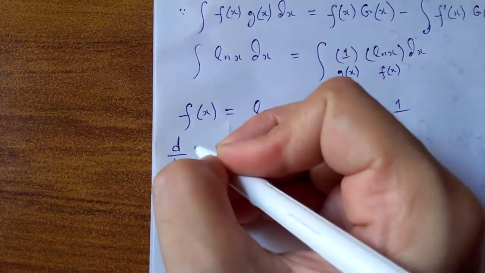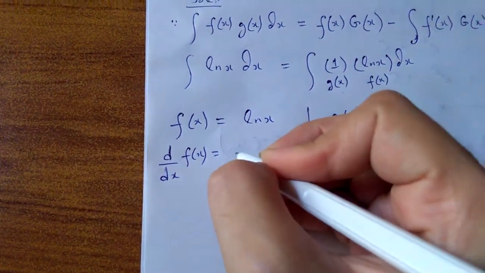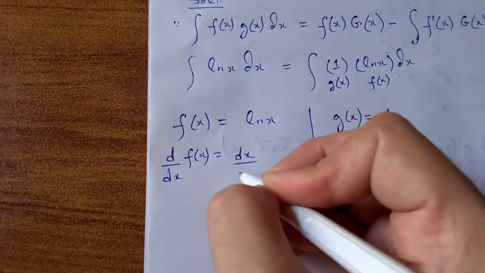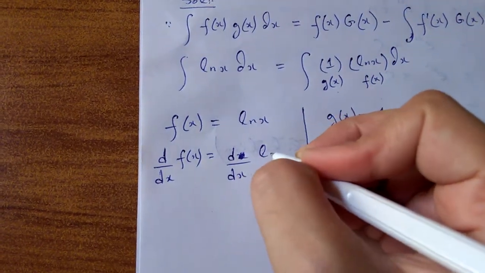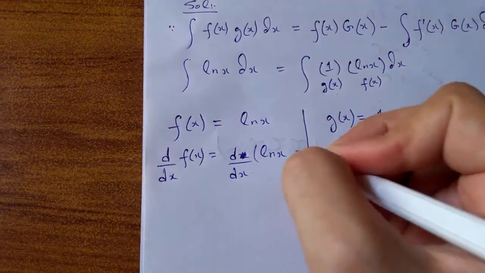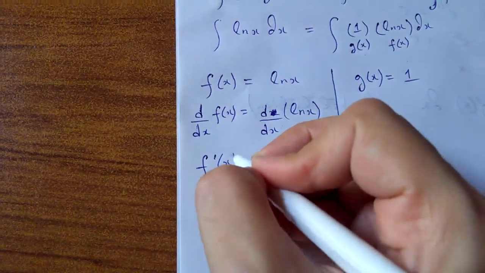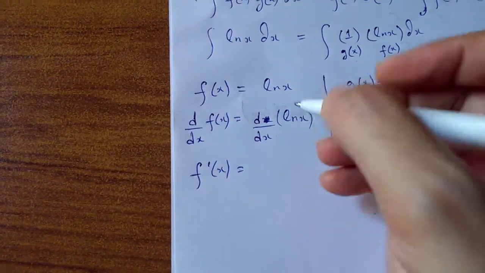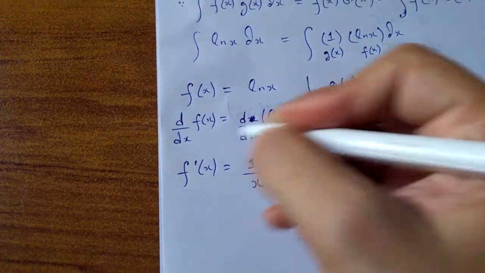So that's how I'm going to get my f dash x, and the derivative of log of x is 1 upon x. Okay, that's it.